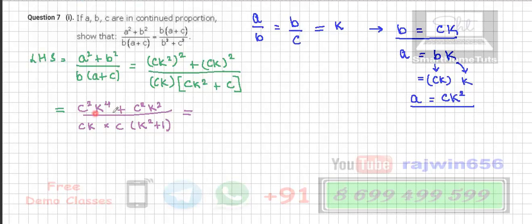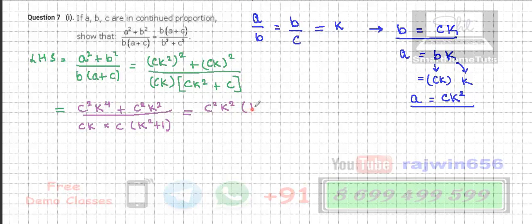Okay, now see from this part what is common. C square is there at both the places, here as well as here. K raised to 4 and K square. From this K square is common. So what is common from the numerator? C square K square. Inside the bracket, this C square is gone. From K raised to 4, K square is gone.